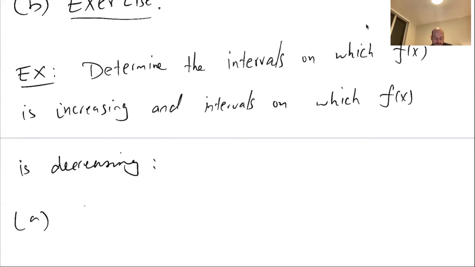So part A, let's say f of x equals x squared minus x plus 5.